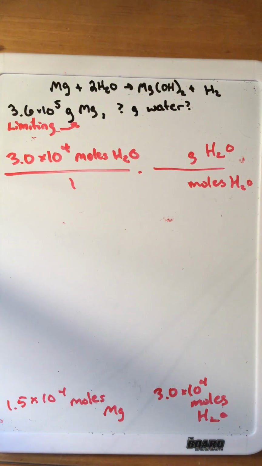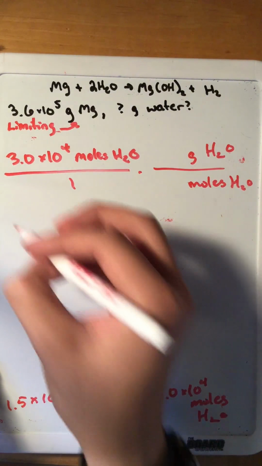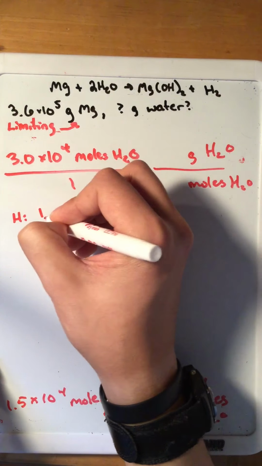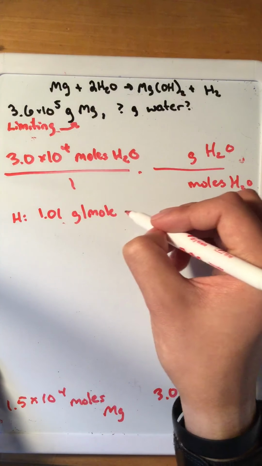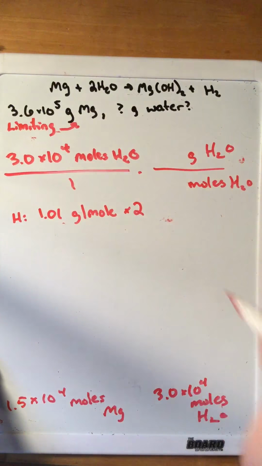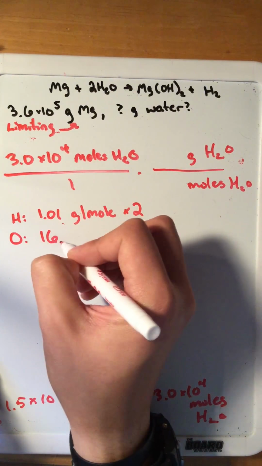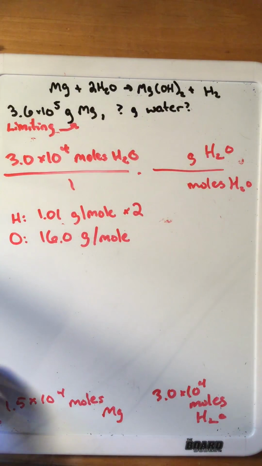Now this is where I said H2O being a compound is going to be important for us to realize, because we're going to need to add up the atomic masses of the elements that make it up. So with H, we know that H is 1.01 grams per mole, and that's actually multiplied by 2, because we have 2 hydrogen atoms in that molecule. If we look at O, 16.0 grams per mole, and there's just one of those.